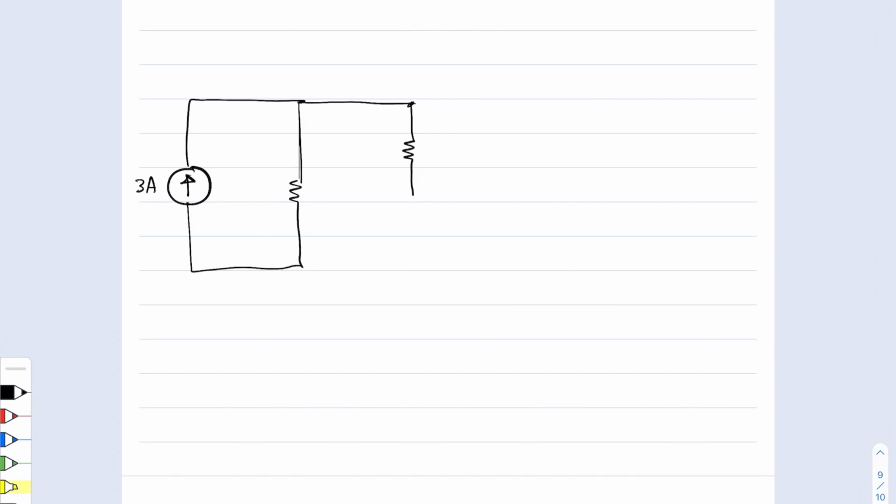Over on this branch, we see a resistor followed by a dependent source, like this. It happens to be a voltage source, so inside of here we have a voltage. And it depends on a current I delta. So it's 5 times whatever I delta is.